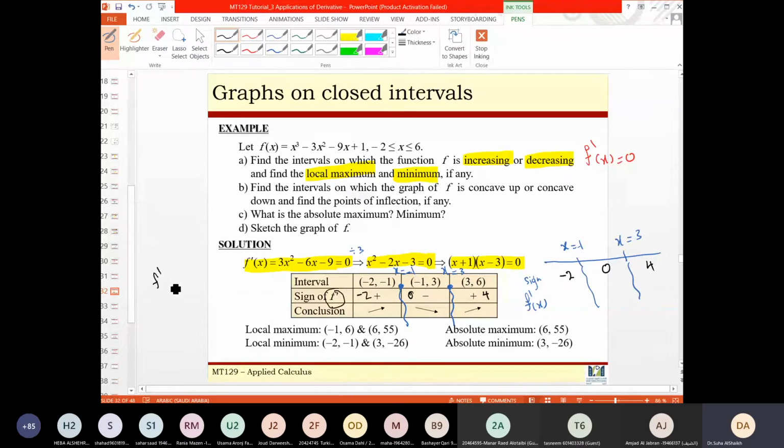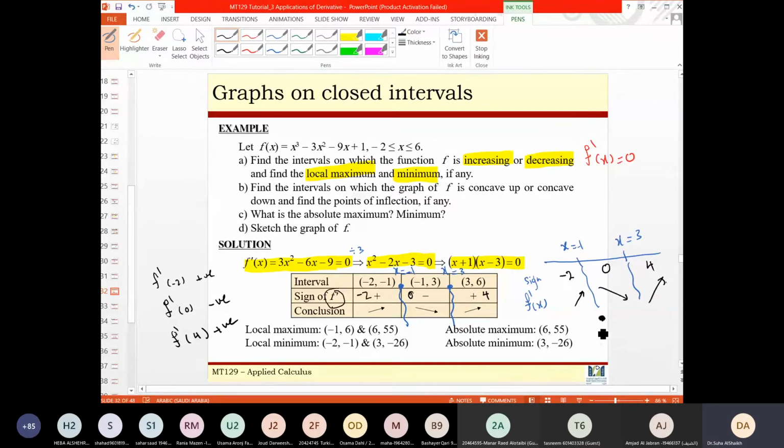So we find f dash at minus 2, you will get it's positive. F dash at 0, you will get it's negative. F dash at 4, you will get it's positive. So increasing, decreasing, and increasing again.